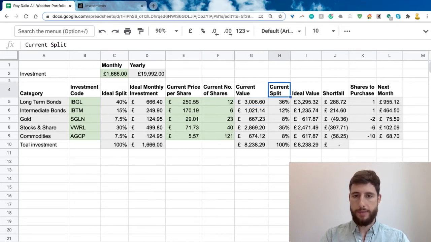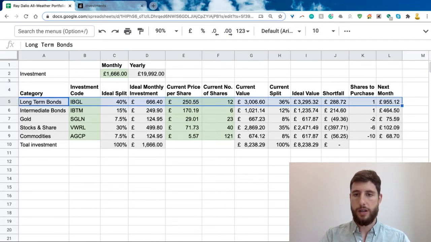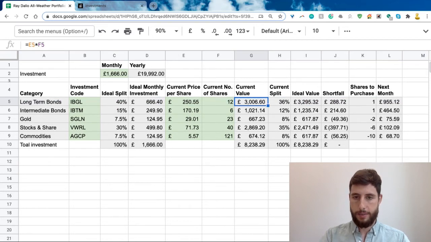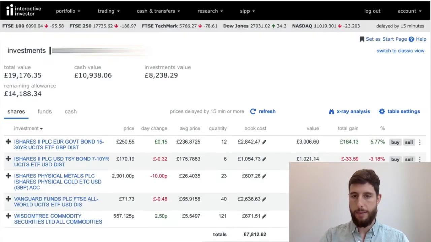All right, next one. The current split is the share of your total funds invested that's sitting in this particular item. So for long-term government bonds, we've got £3,006 invested of a total amount invested of £8,238.